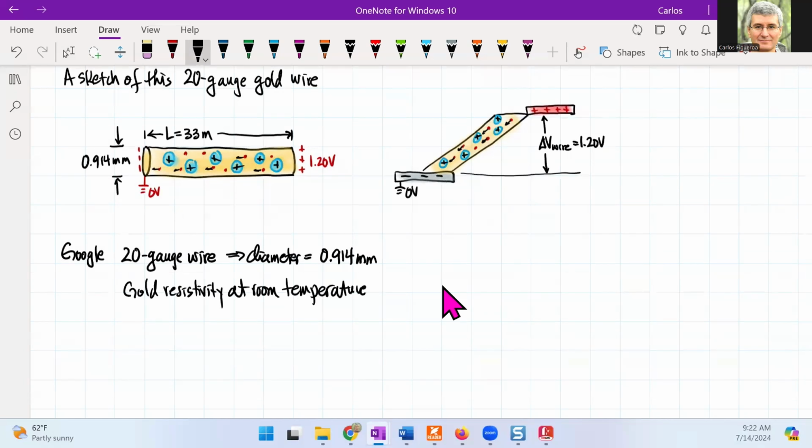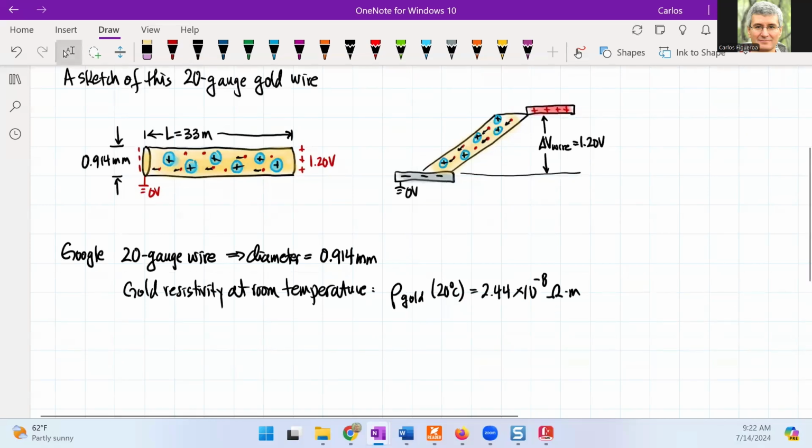In other words, I looked at the resistivity of gold at 20 degrees C, and I ended up getting a value of 2.44 times 10 to the minus 8 ohm meters.